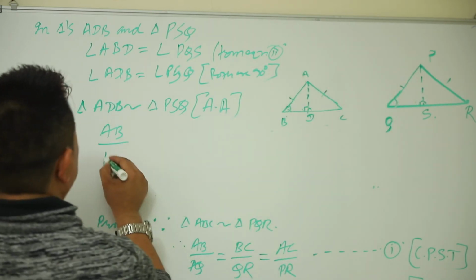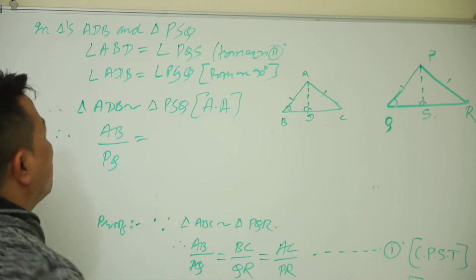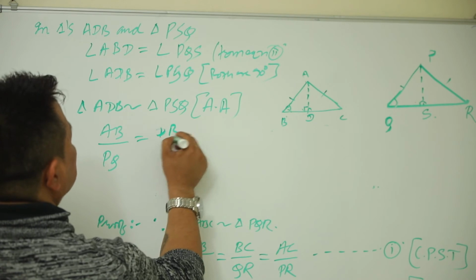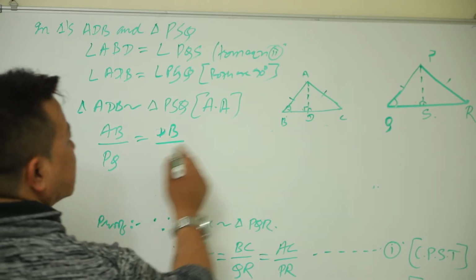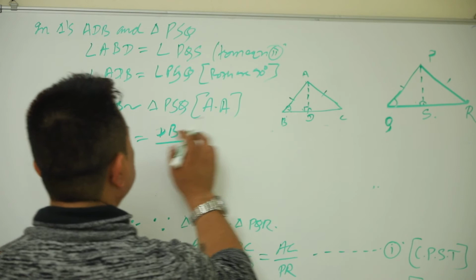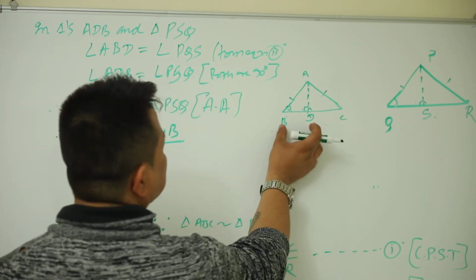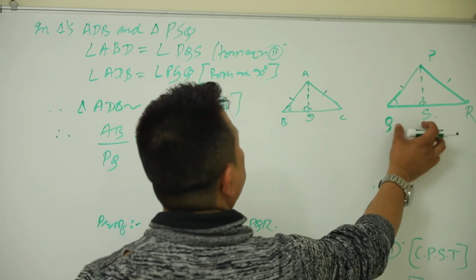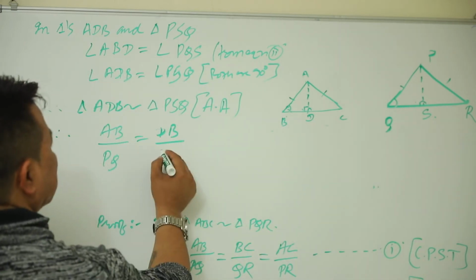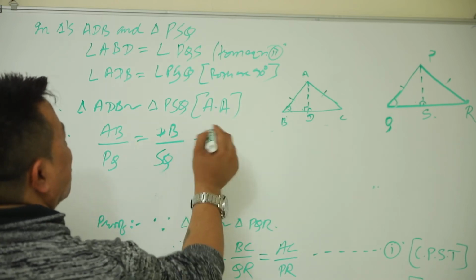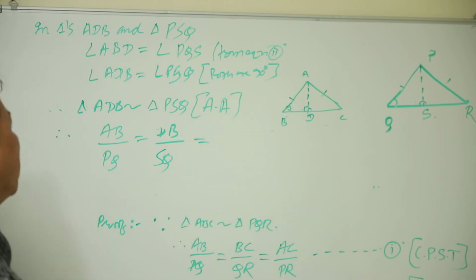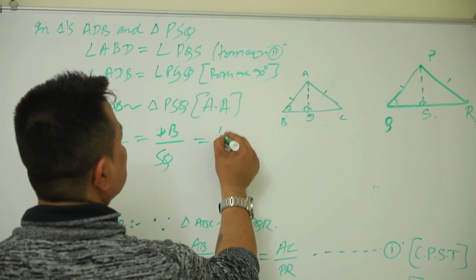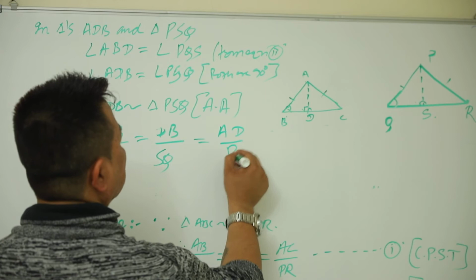PQ, is equal to DB upon SQ, and the third corresponding sides, AD upon PS.